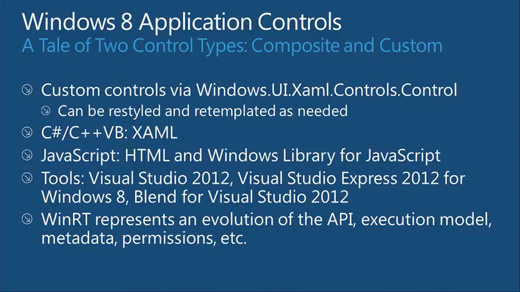The tools that we have available at our disposal include all the ones that we've presumably downloaded. But what's interesting to note here is that WinRT represents an evolution of what we've had before. There's been a bit of a discussion going on right now about, when I'm building WinRT components and applications for WinRT, am I still using .NET? Is the CLR still around, et cetera? If you're building components with C# and VB today, which presumably all of you are here, or if maybe some of you aren't, that's fine, you are still using the .NET framework.